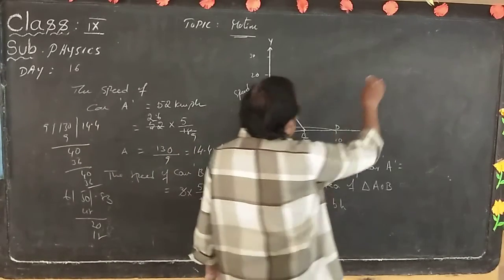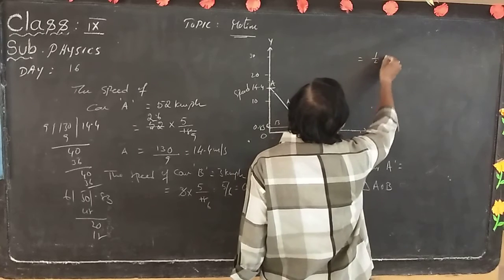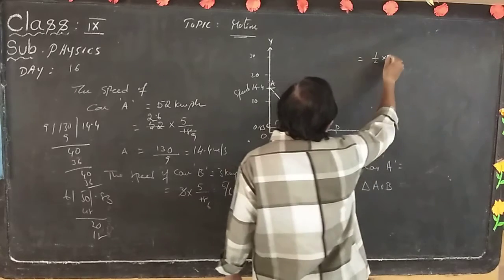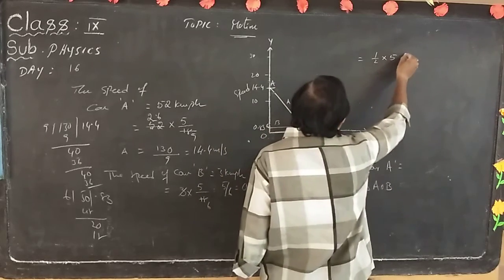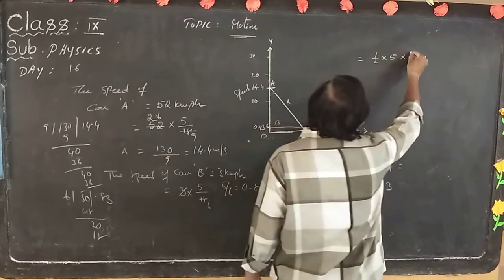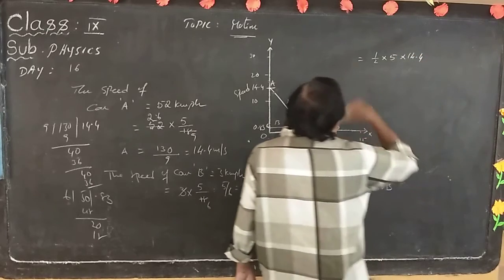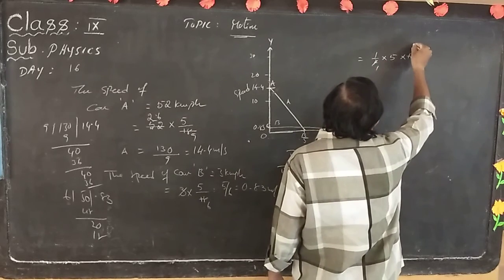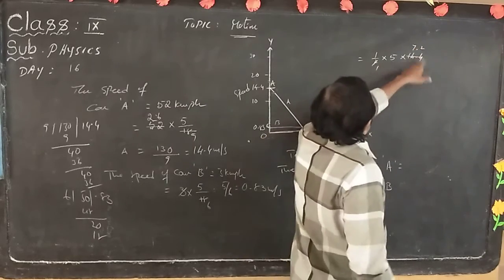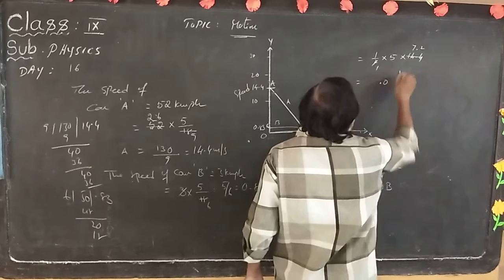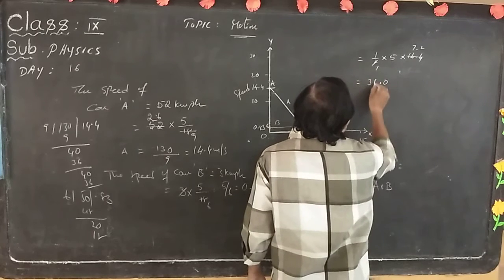So in this case, it is half into OB, OB is equal to 5. Base into height, 5 into height. Height will be 14.4. So 2 1s are 2, 2 7s are 14, 2 2s are 4. Now that is equal to 5 2s are 10, 35, 36.